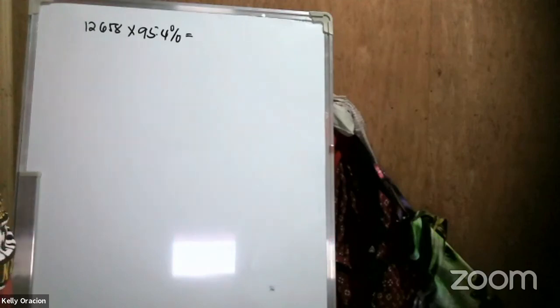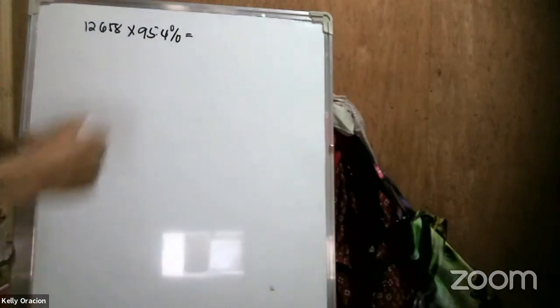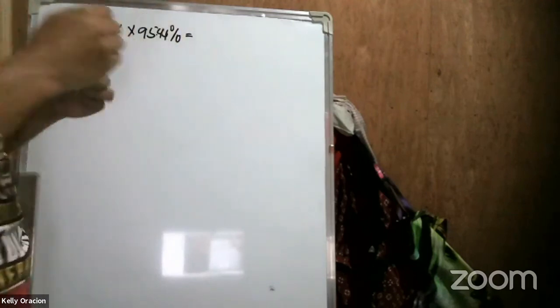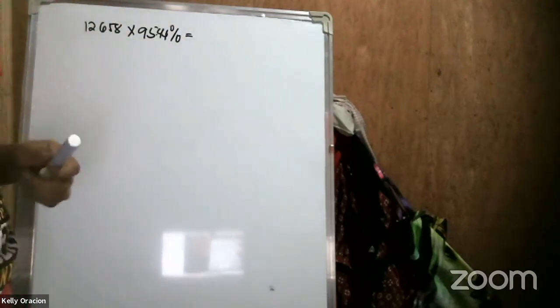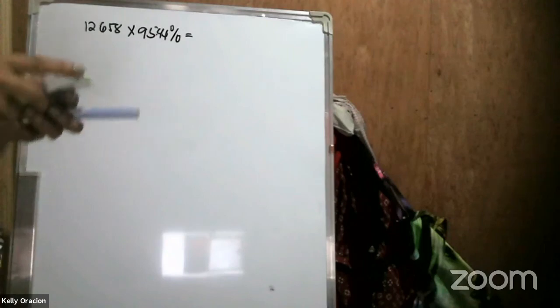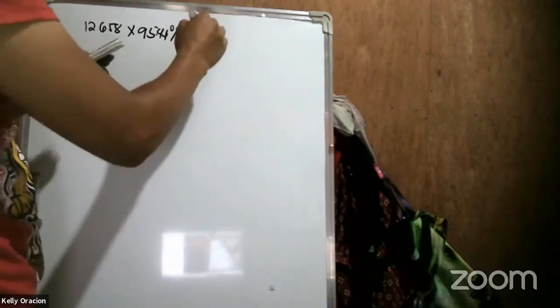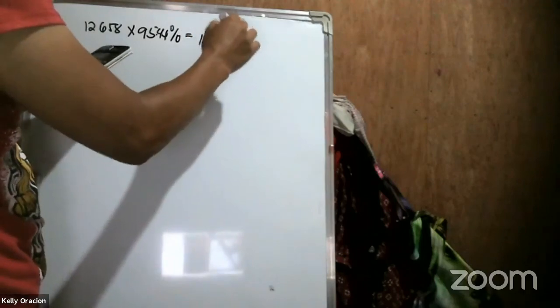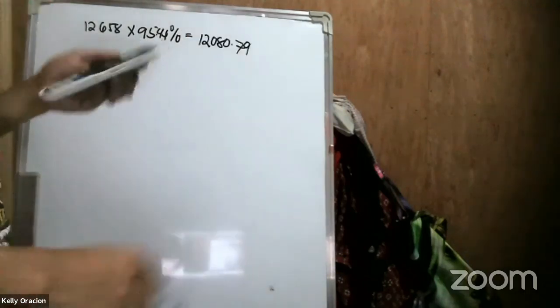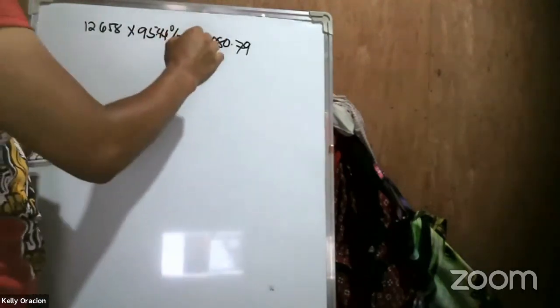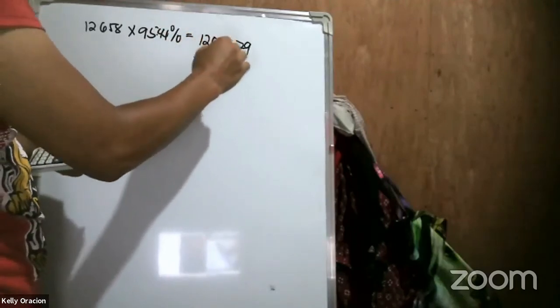Ay, 44 decimal, sorry. 95.44. Sorry, I went back. 95.44. Okay. The answer is 12,080.79. So round up, that's 12,081.